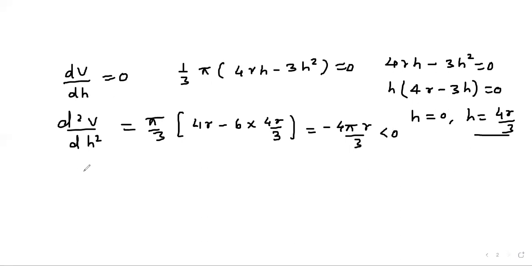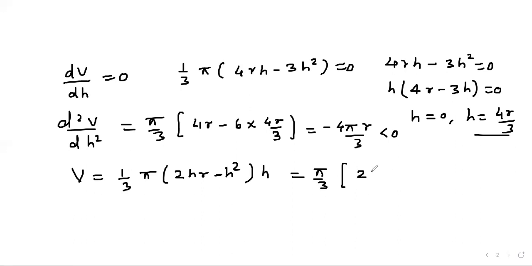Volume of cone is 1 by 3 pi R square, and R square we got as (2hr minus h square) times h, that is pi by 3 times (2h square r minus h cube). Now we put here h equal to 4r by 3.